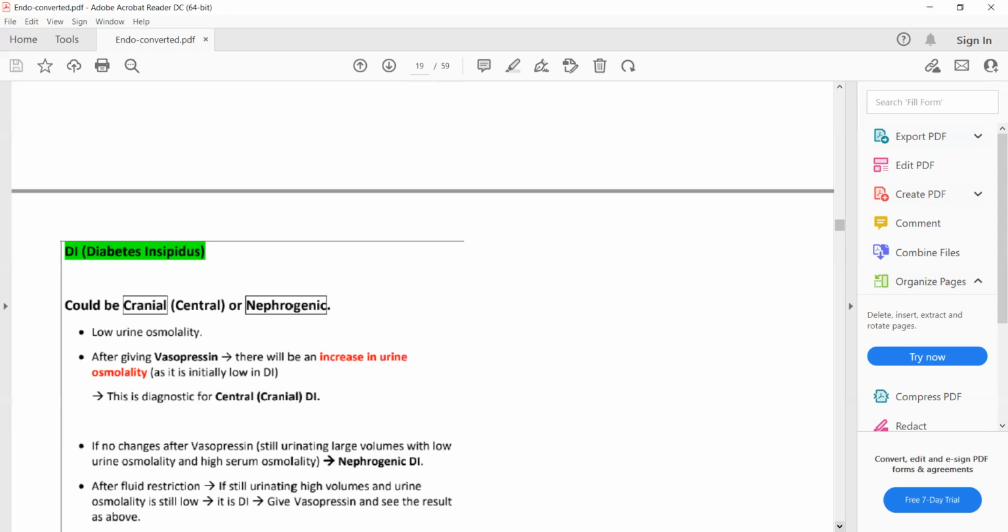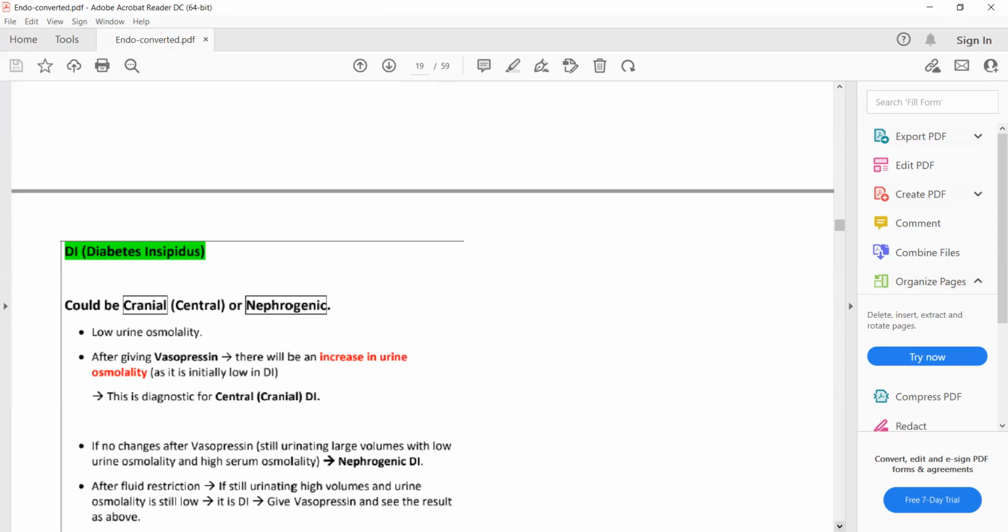While in a patient with diabetes insipidus, even if the fluid is restricted, the urine osmolality is still low. The urine osmolality is still low even after fluid deprivation. So after the fluid deprivation test, if the urine osmolality is still low and does not increase, then it will confirm the diagnosis of diabetes insipidus.